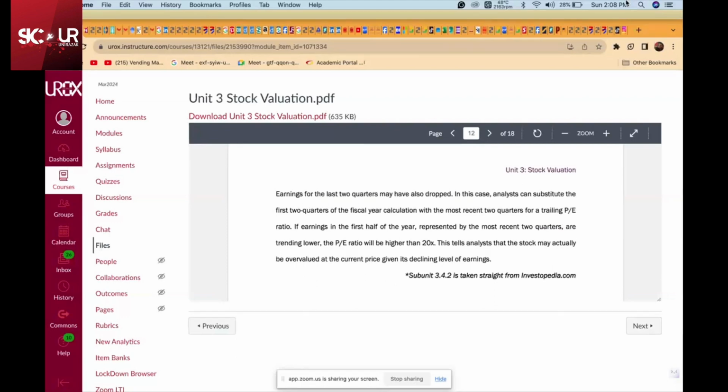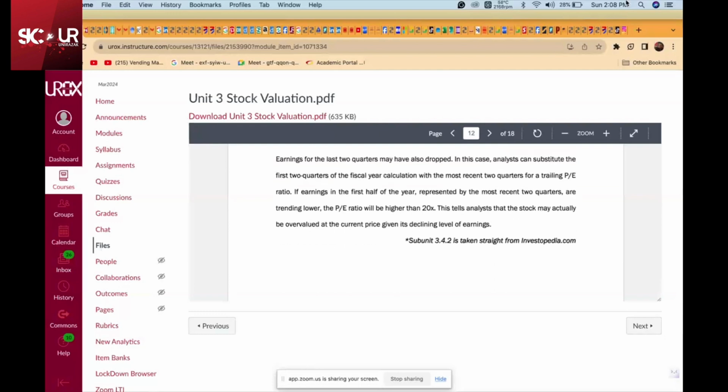So if earning in the first half of the year, represented by the most recent 2 quarters, are trending lower, then the price earning ratio will be higher than 20 times. This will tell analysts that the stock may actually be overvalued.